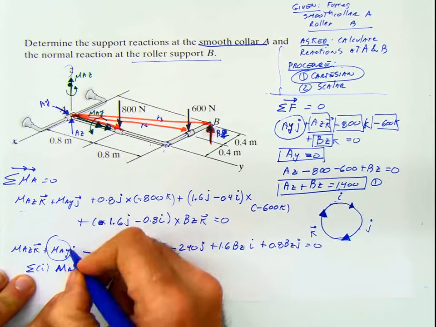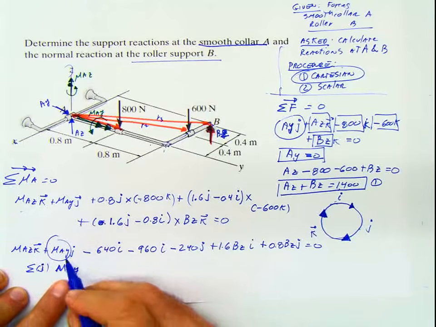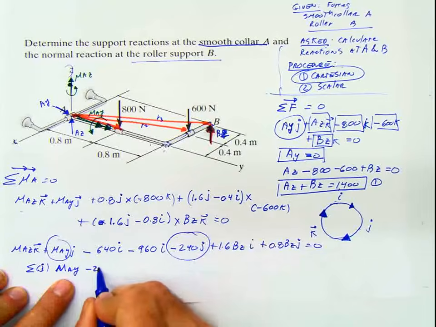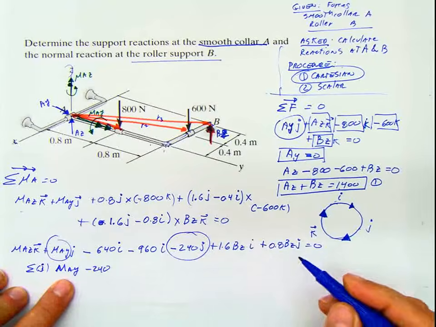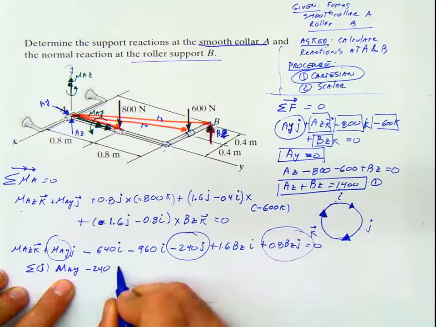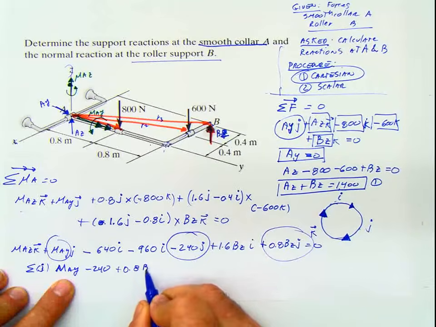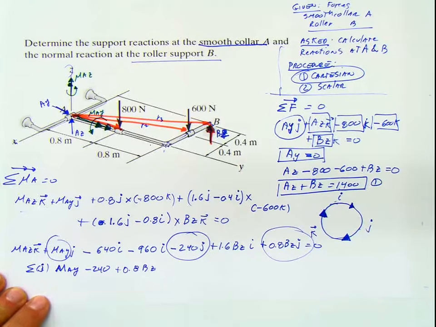No, this is J. Let's do it in J first. MAY, and this is negative 240 plus 0.8 BZ.